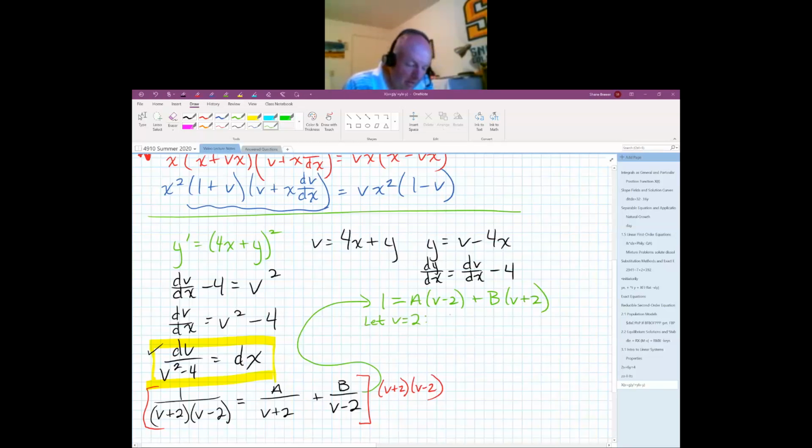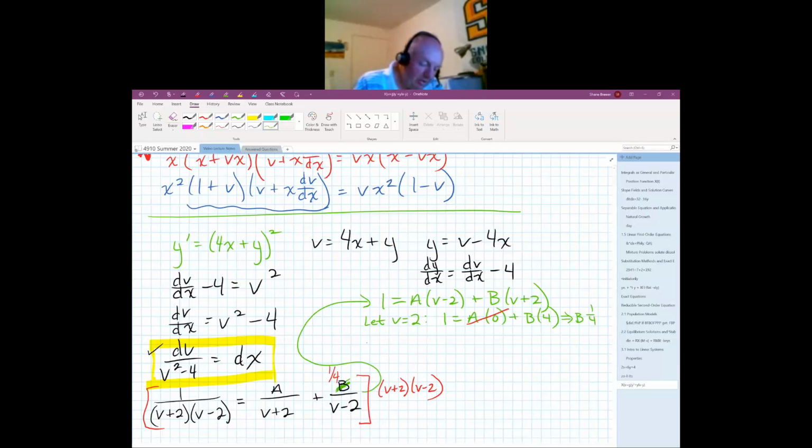When you plug it in, you end up with 1 equals A times 0 plus B times 4, and that term disappears. So that just gives us that B equals 1/4. Okay, that's good. We would come over here and say that thing right there is 1/4.